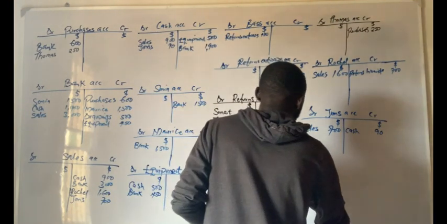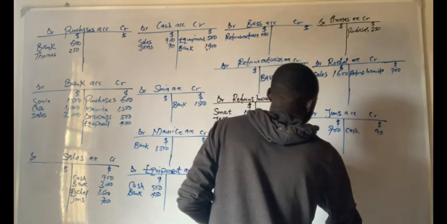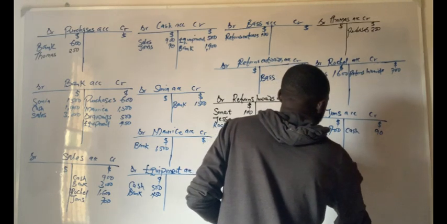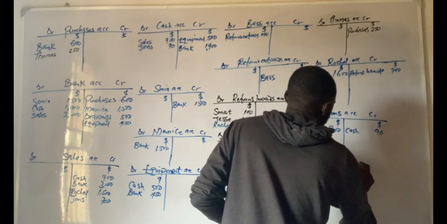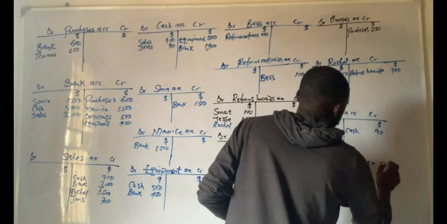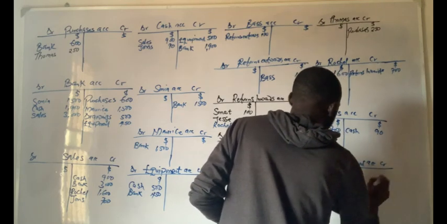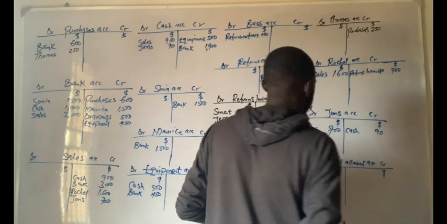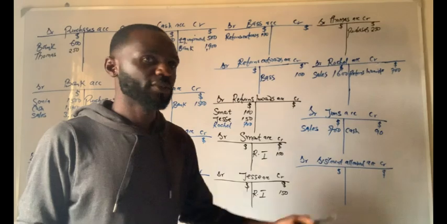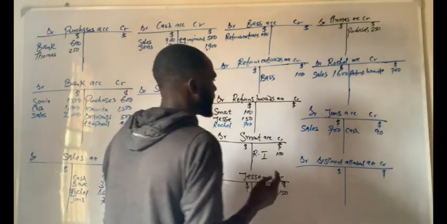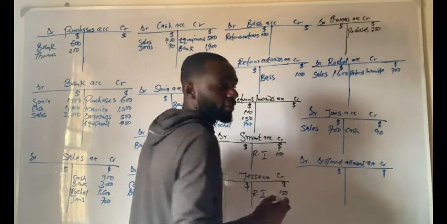So here we have debits, we have the discount allowed account, credits. The discount allowed, because it's an expense, is going to be debited, but it's debited in the name of Jones.